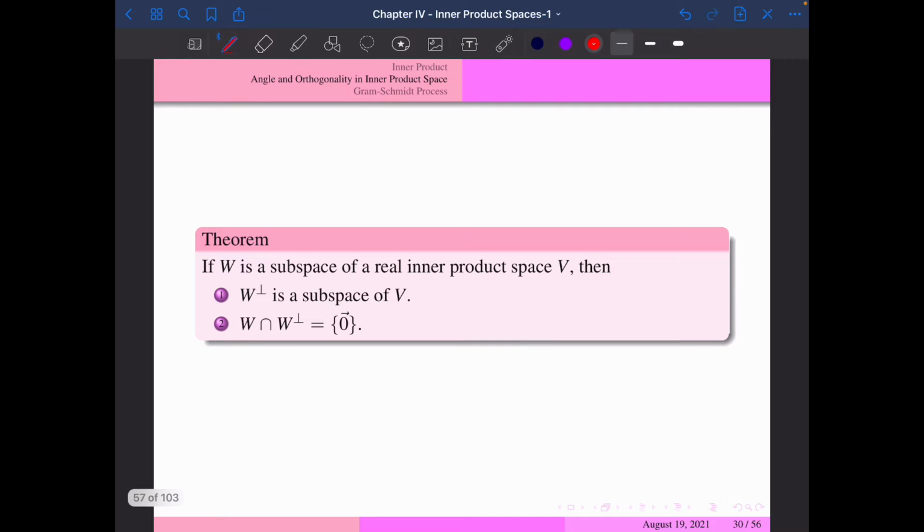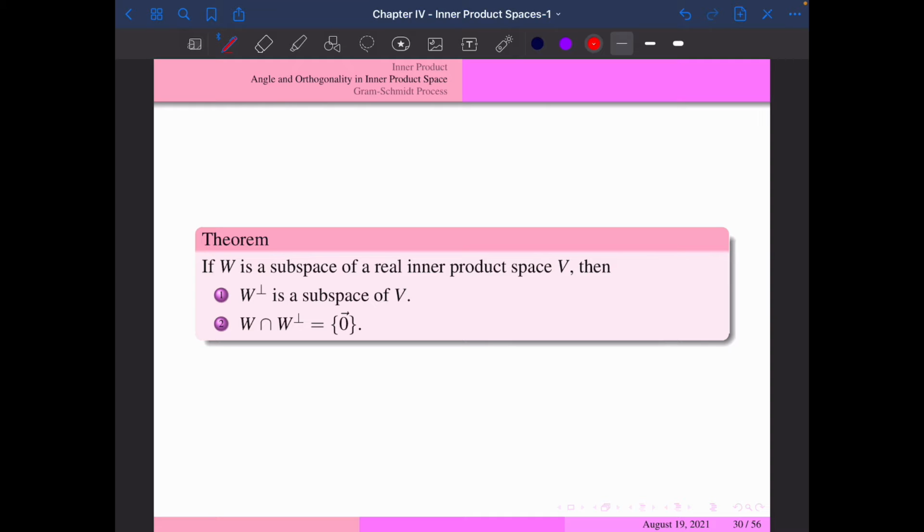If W is a subspace of the real inner product space V, then number 1, W perp is a subspace of V, and for number 2, W intersect with W perp is the set of the zero vector. To prove number 1 and number 2 is quite easy. It's not hard.